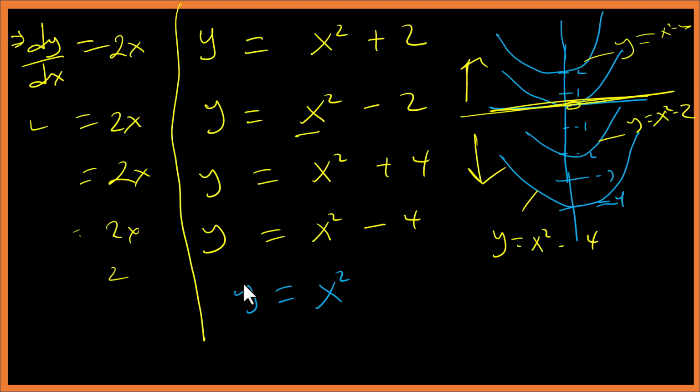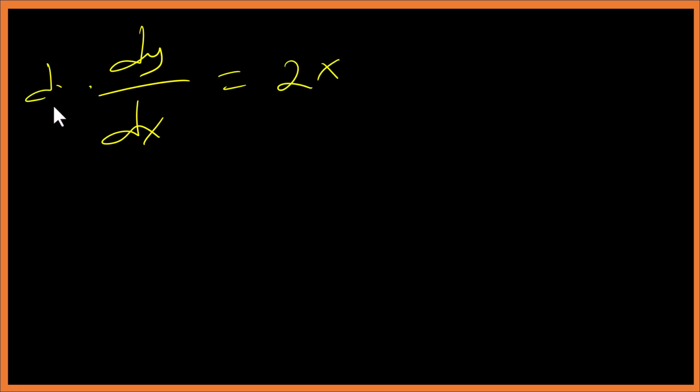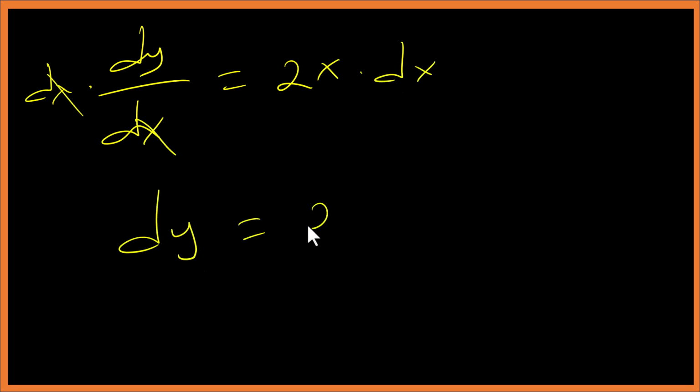Now if you are to integrate any of them, say the first one, dy/dx equals 2x, times dx on both sides, so dy equals 2x dx. Let's take the integral on both sides.